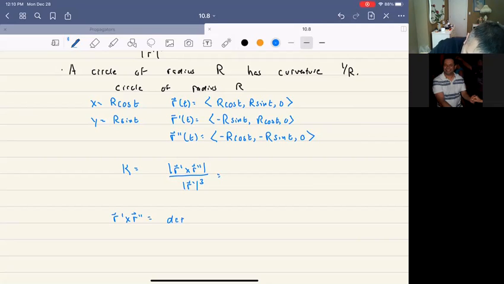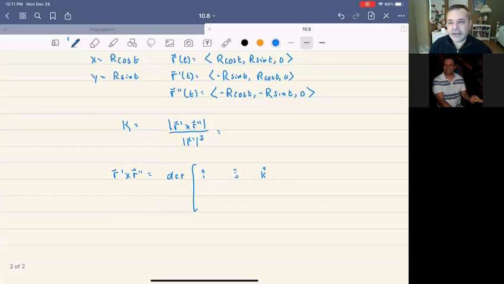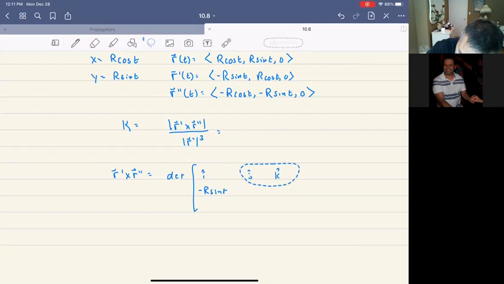That's the determinant of this matrix: i, j, k along the top, then negative r sine t, r cosine t, 0, and negative r cos t, negative r sine t, 0.